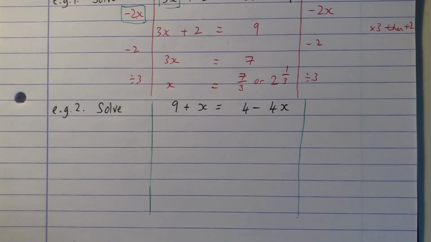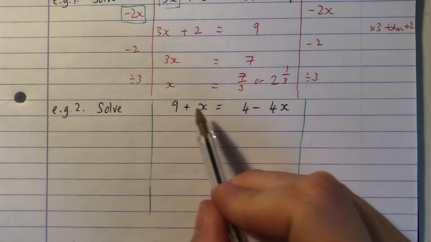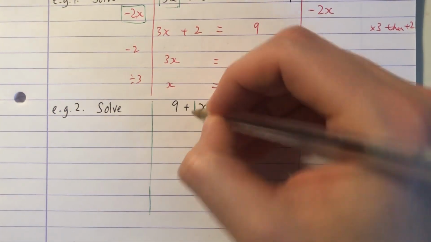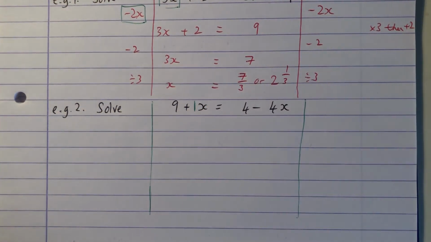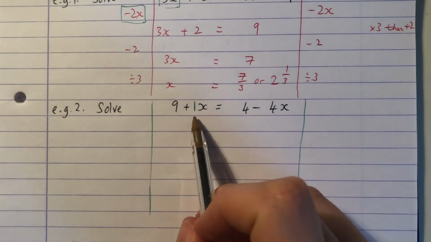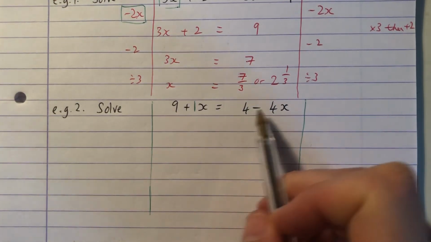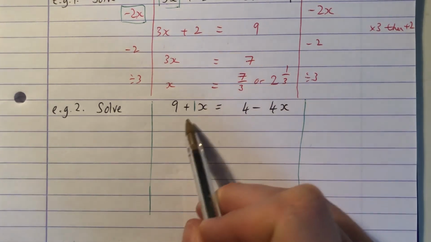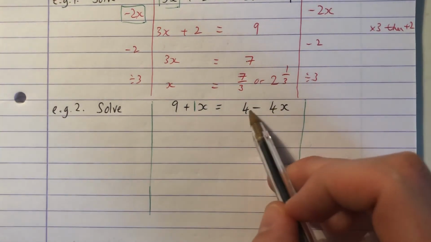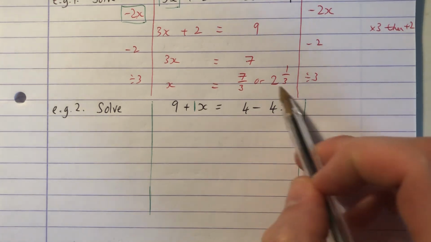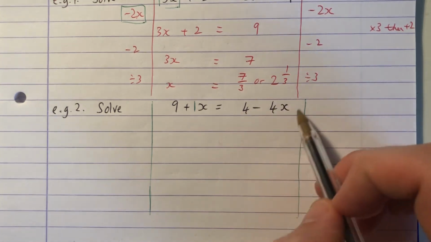The lower numbered x. You could even think, okay, that's a plus 1x, by the way. Which one's the lower numbered side? Well, if you said this side, you'd be wrong, because negative 4x is a lot smaller than 1x. So you have to remove this, a negative 4x.